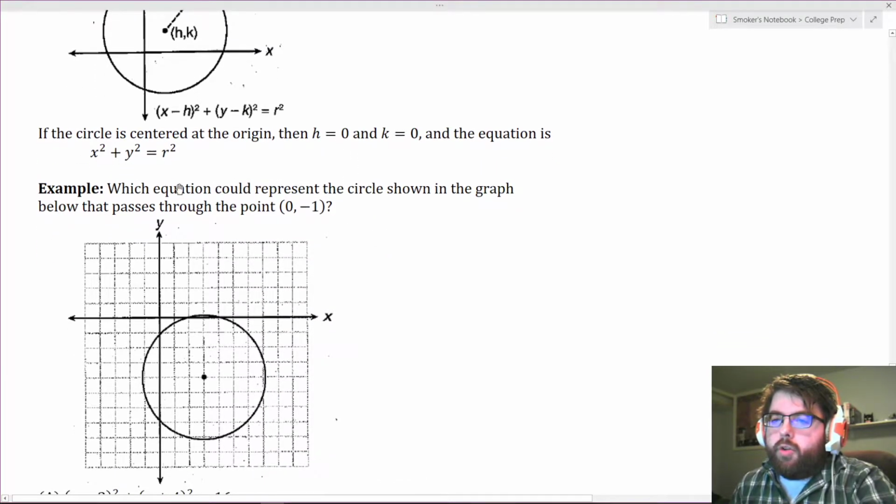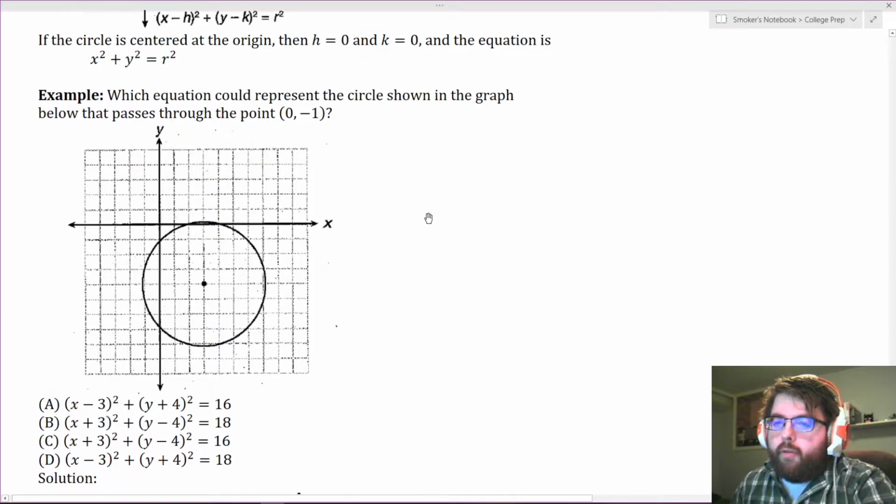All right, so which equation could represent the circle shown in the graph below that passes through the point (0, -1)? So the circle itself passes through the point (0, -1). That is this point right here. X is 0, y is negative 1. Remember, just a quick recap of graphing.